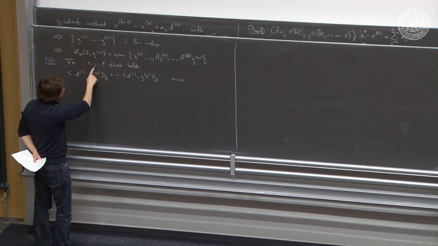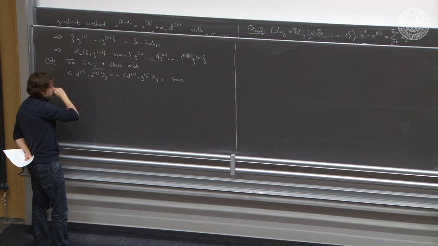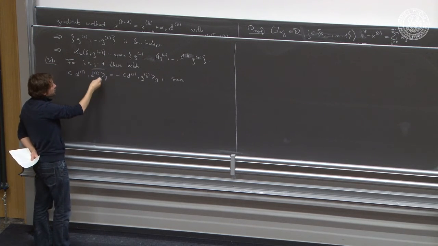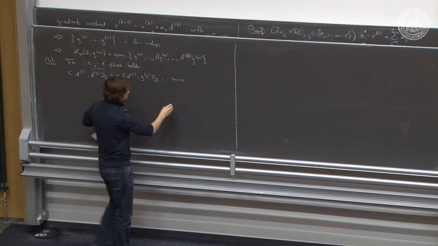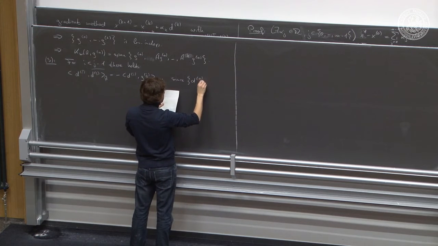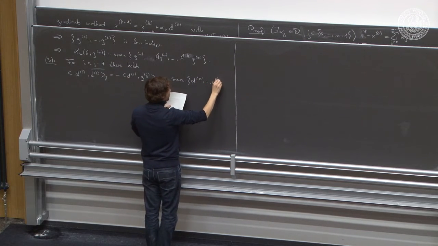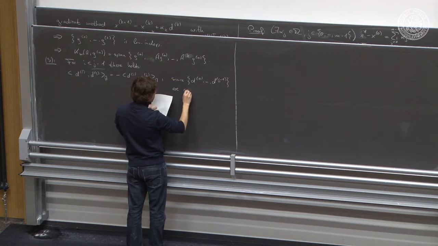Okay? And by induction, we know that all directions up to component j minus 1 are conjugate indeed. So since d_0 up to d_{j-1} are conjugate.